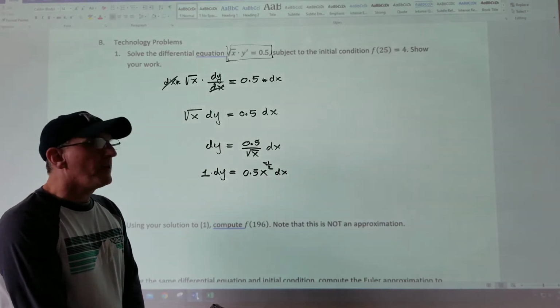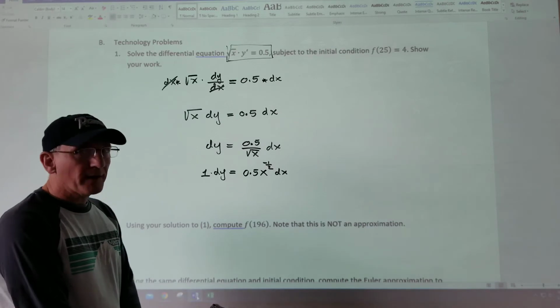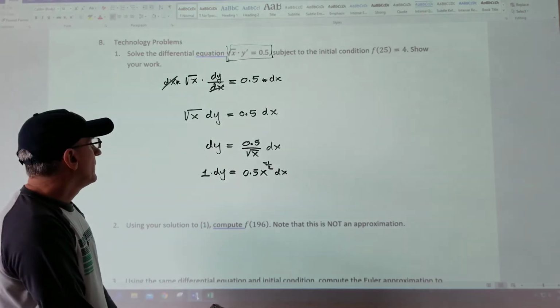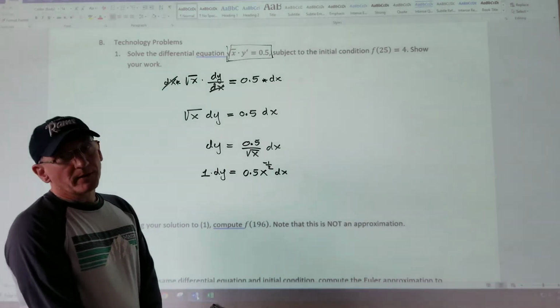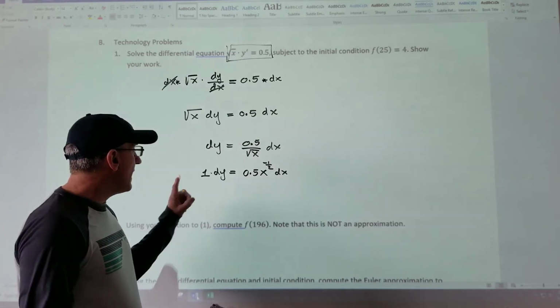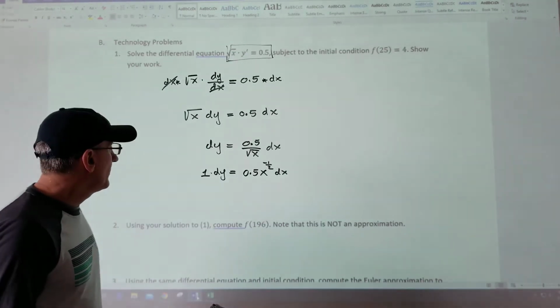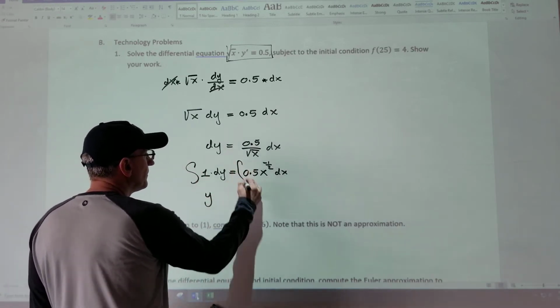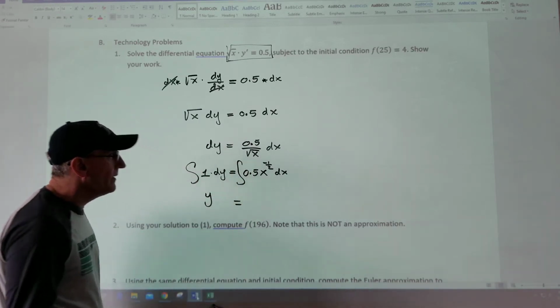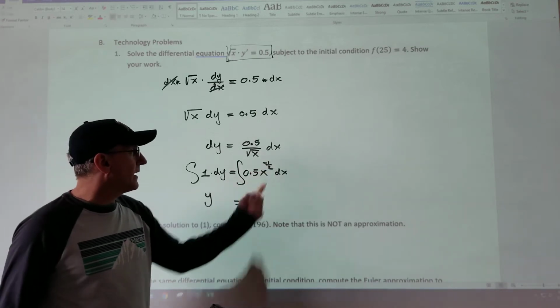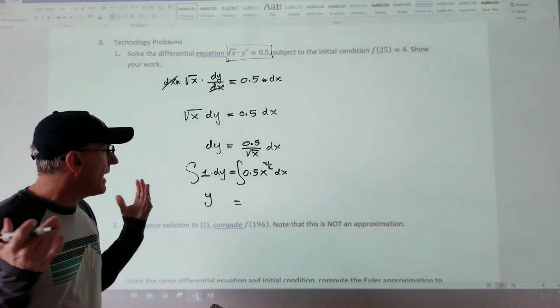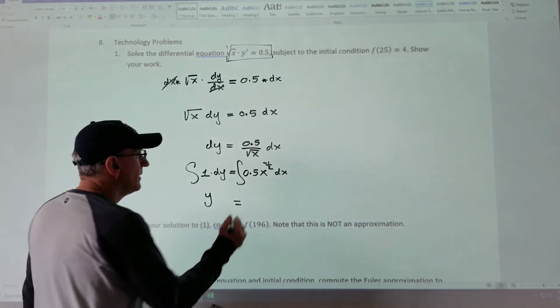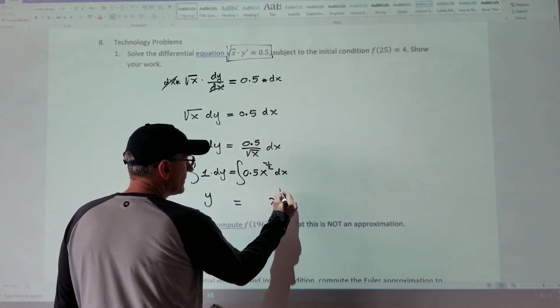Now, the derivative of x with respect to x is 1. The derivative of y with respect to y is 1. And so the antiderivative of 1, up to a constant, should be y. And on this side, the antiderivative of x to the negative 1/2 power, of course, you're just going to add 1 to that exponent. So negative 1/2 plus 1 gets you to positive 1/2.